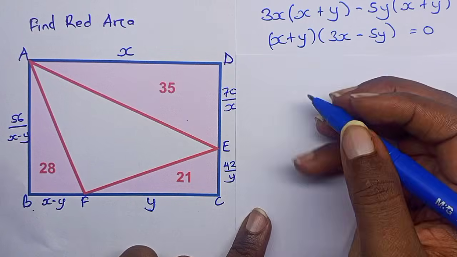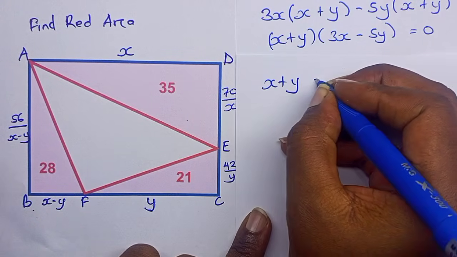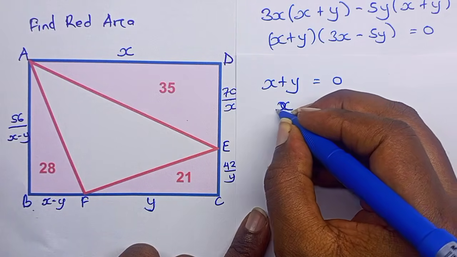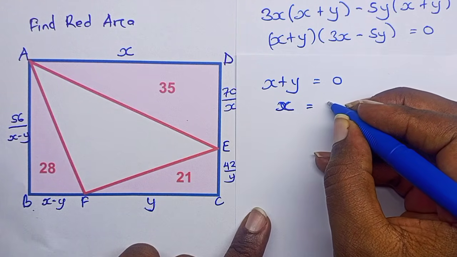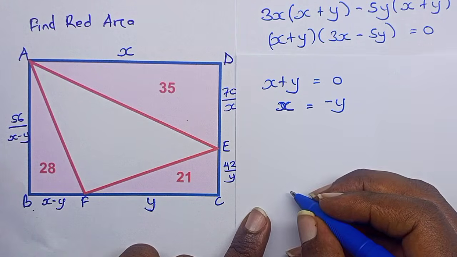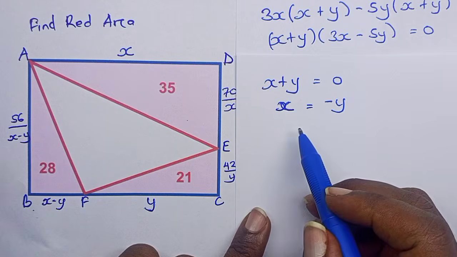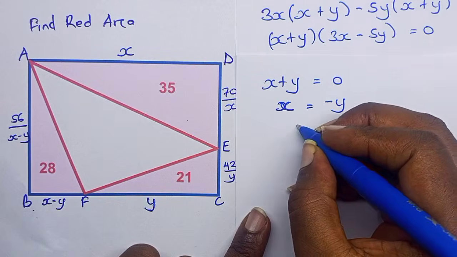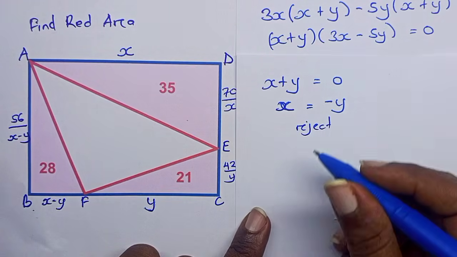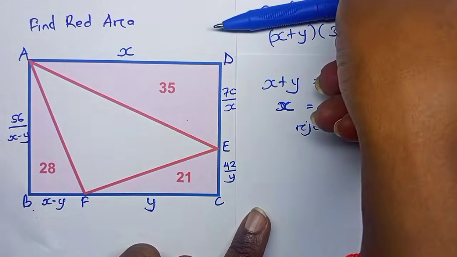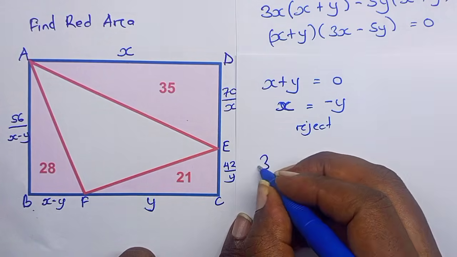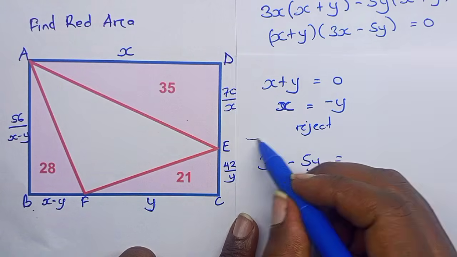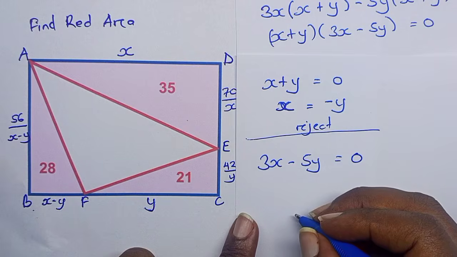So for this first one, x plus y is equal to 0. That means x is equal to negative y. And this is impossible. This cannot be equal to negative this. So we reject this and only consider this one. So we consider 3x minus 5y is equal to 0.